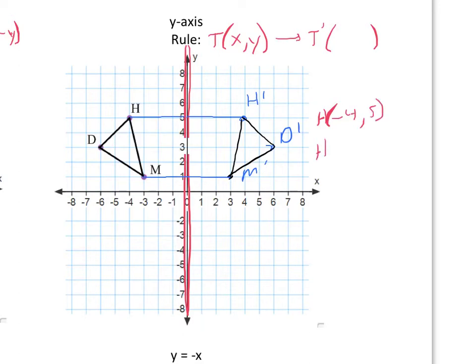H prime is 4, 5. So what do you think changed? Well, the x value became the opposite sign and the y value stayed the same. So there's your rule for a reflection over the y-axis. And this ends lesson 8.1 Video 5.